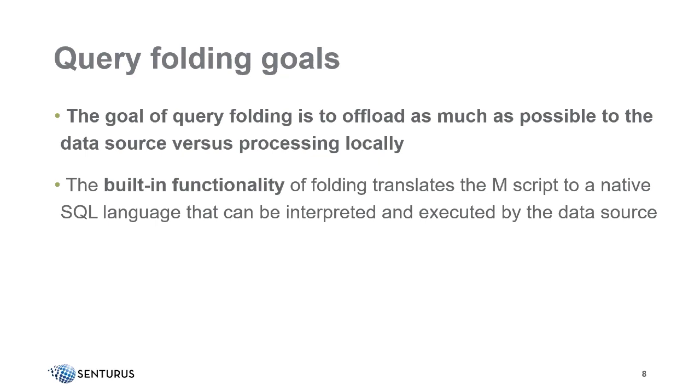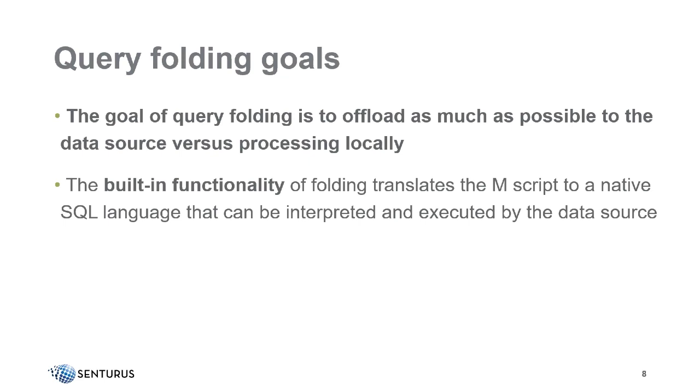It's looking at the M that is generated by Power Query, and it's attempting to fold it. And the folding occurs when we use native functions and things along those lines. And this becomes important when you're using Power Query to do your data transformations.